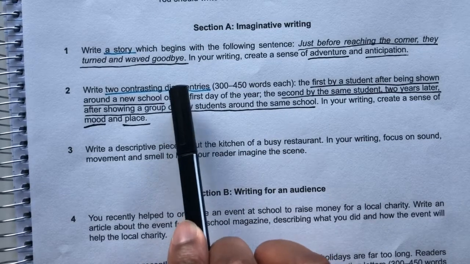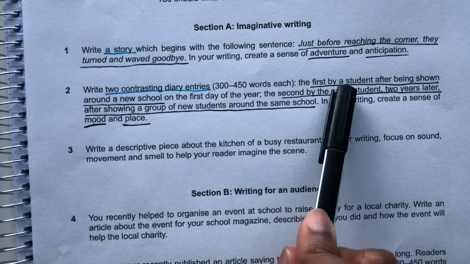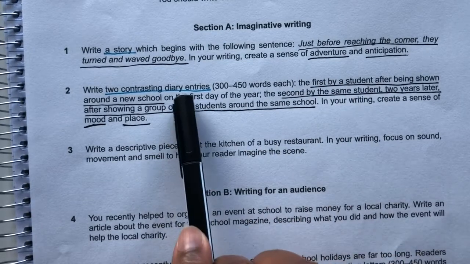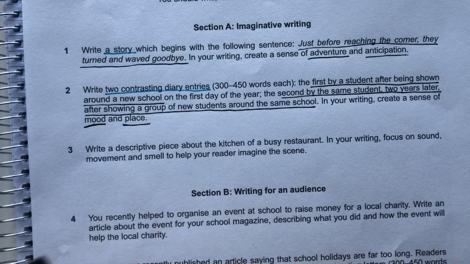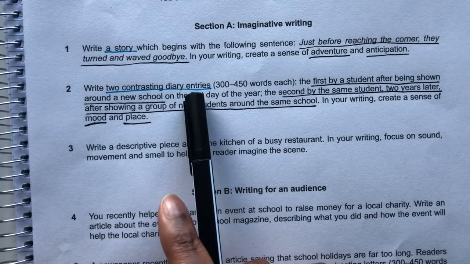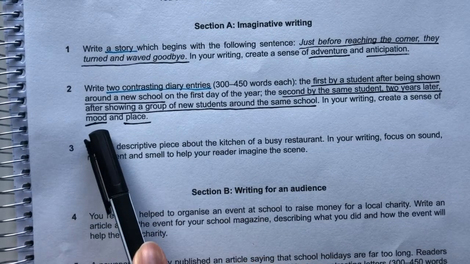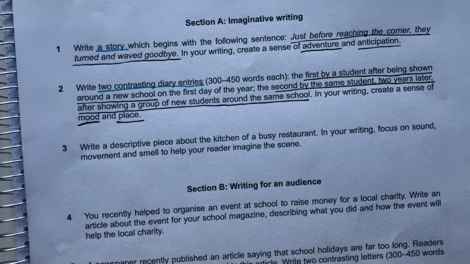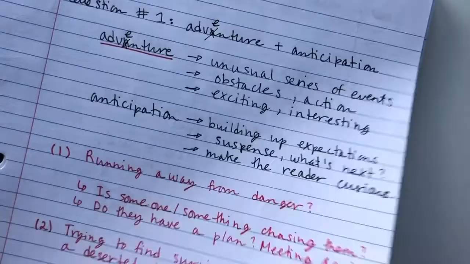And the diary entries, it's that student, that new kid who is writing these. So you have to pretend that you are the new kid, and you have to write in your diary, and you must create a sense of mood and place as you do so. Let's take a look at that.